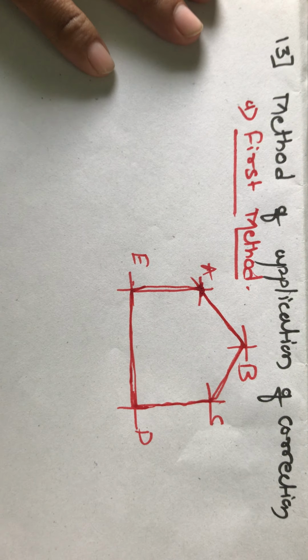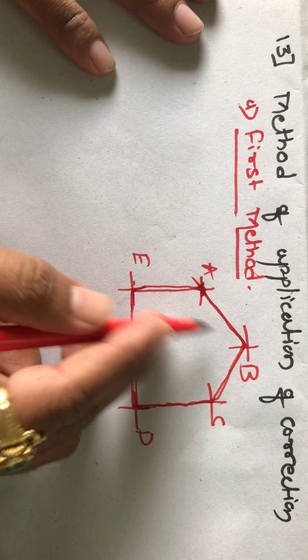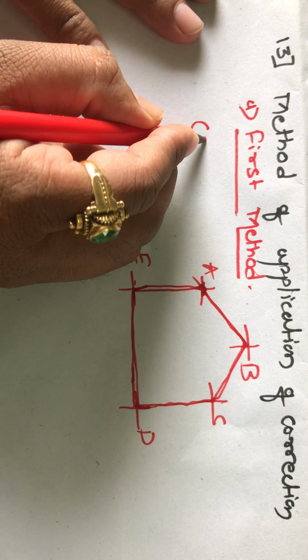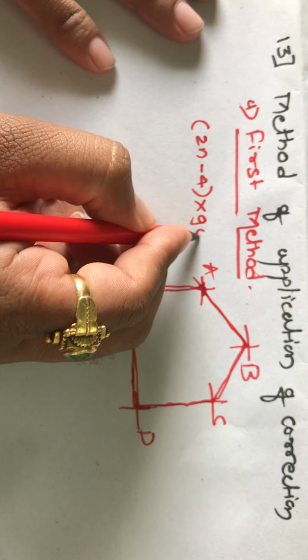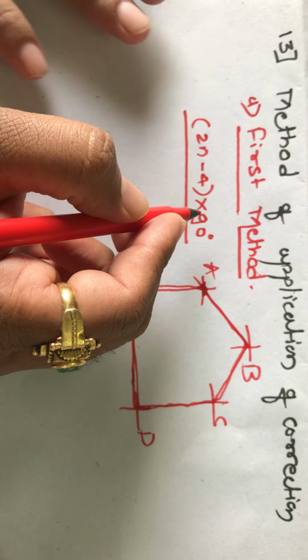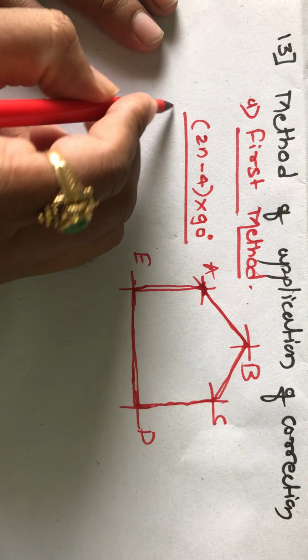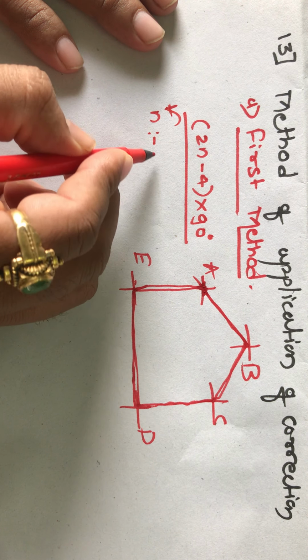So how to check? Now we can calculate the interior angles. That is (2n minus 4) times 90 degrees to calculate the interior angles of any traverse, where n is the number of sides.